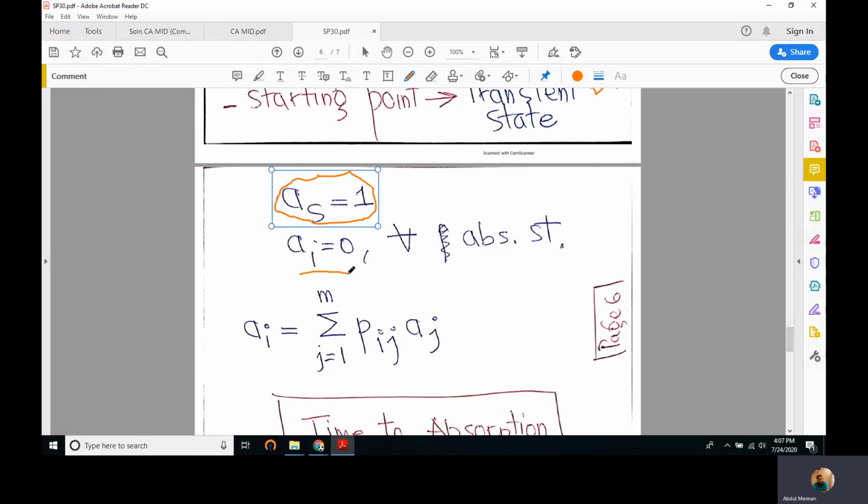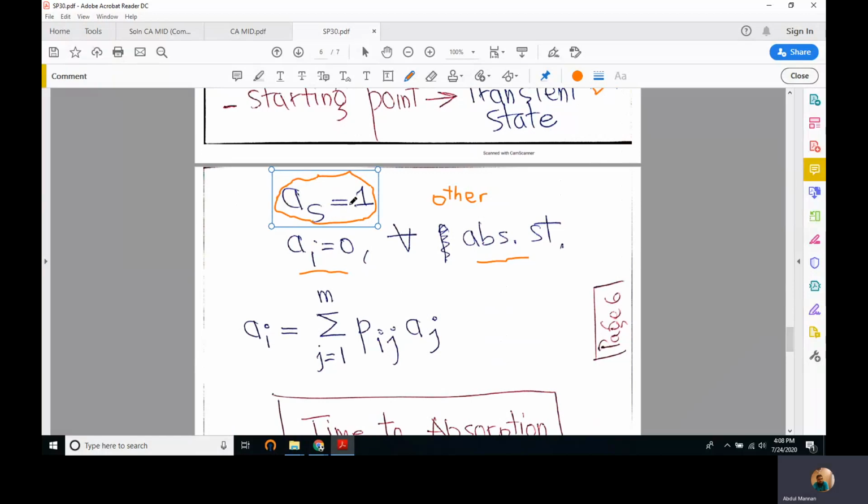And AI we set equal to 0 for all other absorbing states. So this AS is for an absorbing state, the one for which we are going to compute the probability of the process being absorbed in finally.